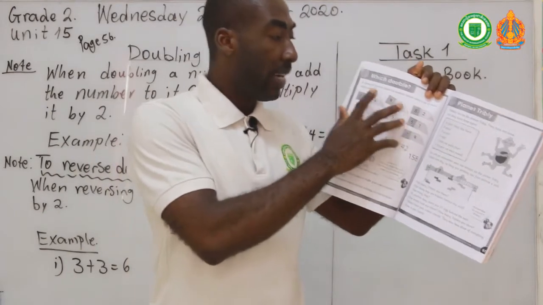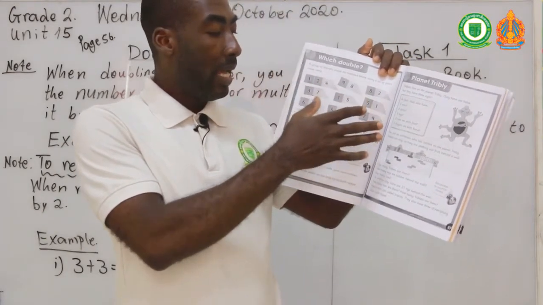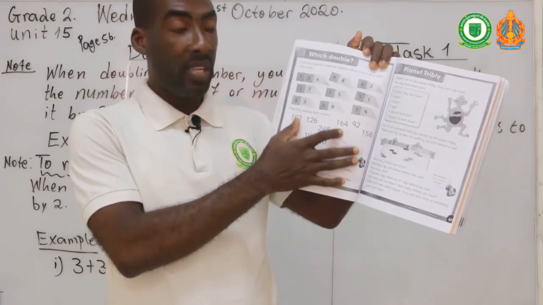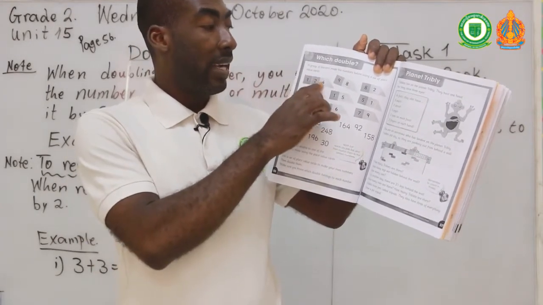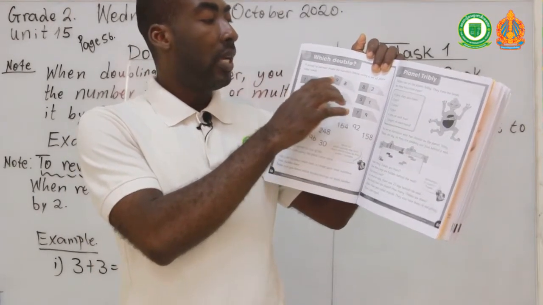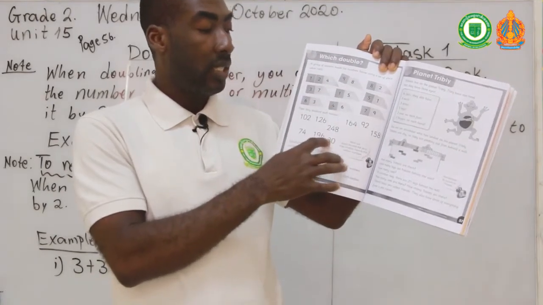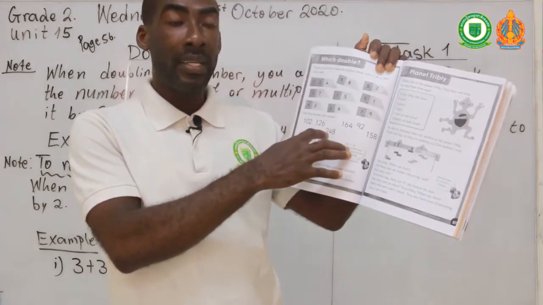These groups of numbers are the first numbers that we are dealing with. These numbers have been doubled and these are the results that we have here. So what you need to do is find the double of, let's say, 98, and then the answer that you get, you find it somewhere here. So you match it to the answer here.